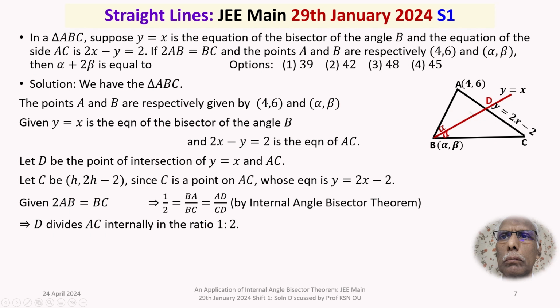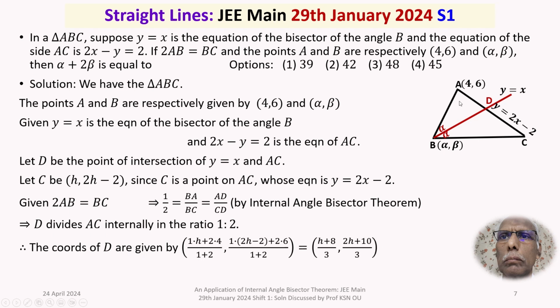Therefore you can find the coordinates of D. So the coordinates of D are given by the section formula: 1 times h plus 2 times 4 by 1 plus 2, that is the x coordinate, and 1 times the y coordinate of C, that is 2h minus 2, plus 2 times 6 by 1 plus 2. When simplified it will be the ordered pair h plus 8 by 3 comma 2h plus 10 by 3.